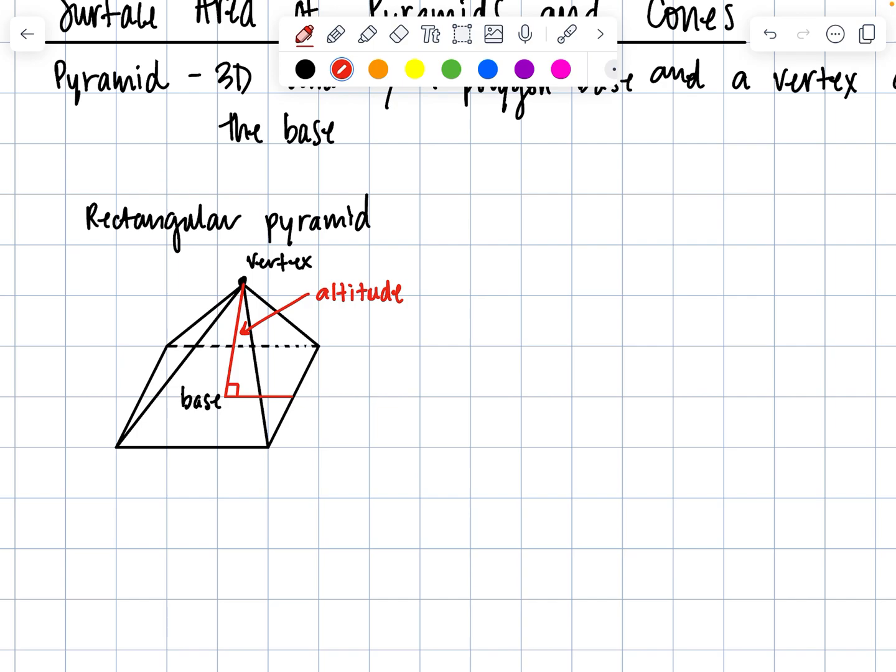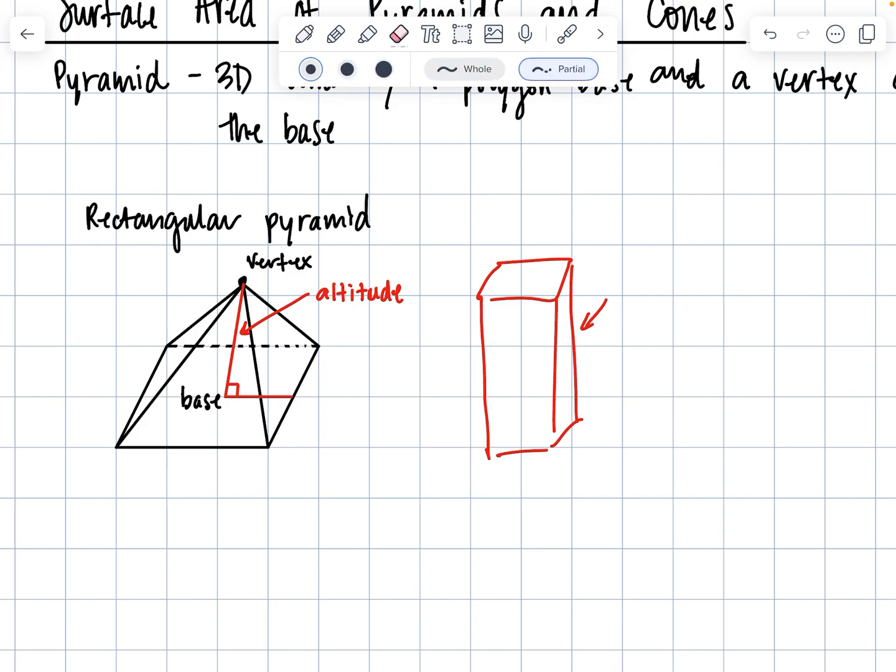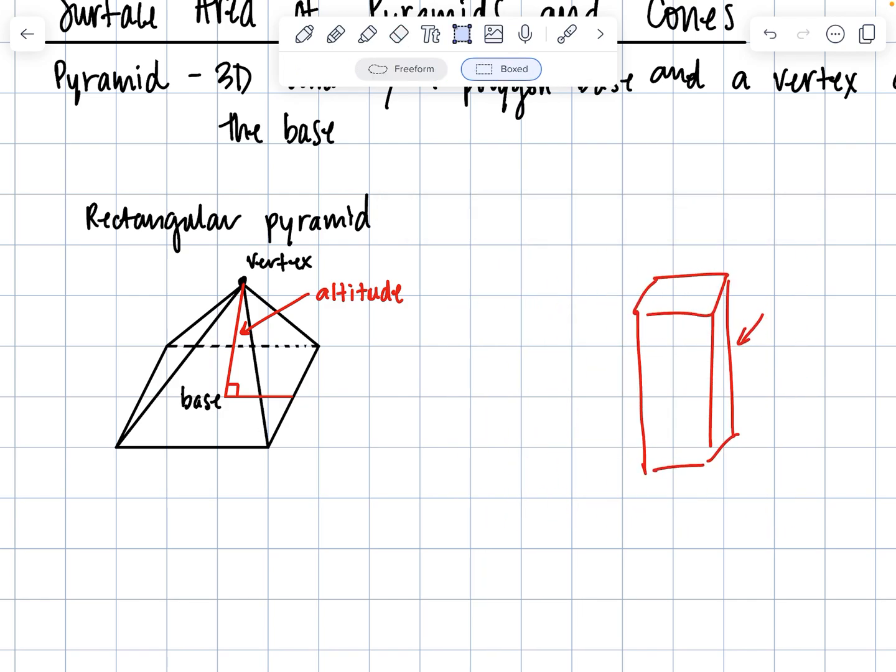Now this is the same concept if we have a rectangular pyramid or rectangular prism. The lateral edge and the altitude are the same thing because they are both the tallest parts. Okay, so don't mix this up. Actually, let's leave this here for now. Don't bother copying this down yet. I'll explain this in a second.